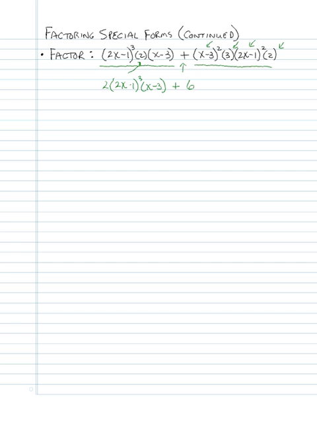What I want to do is write these in the same order just to help myself. So since (2x - 1) is in the beginning in the first term, I'm going to write my (2x - 1) first in this case. Of course, the exponent is 2 on it. And then I have an (x - 3), that's the second factor over here, actually the third, I guess.